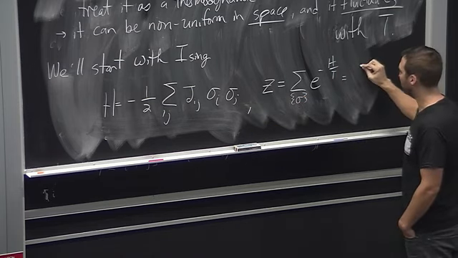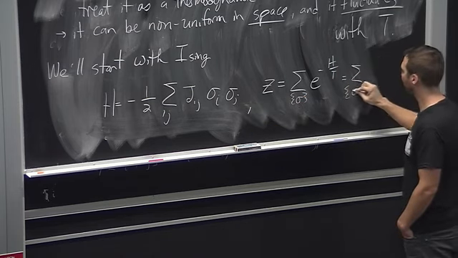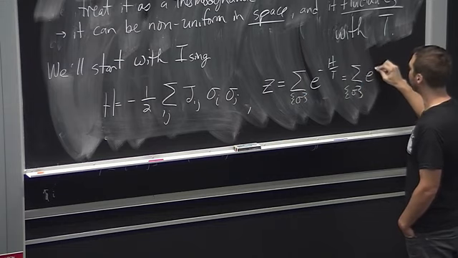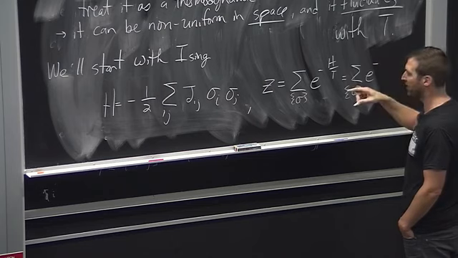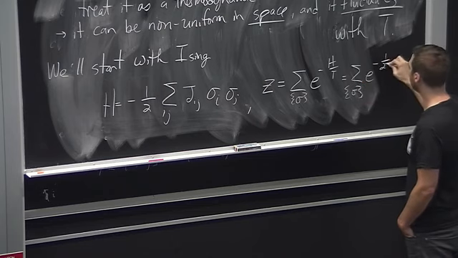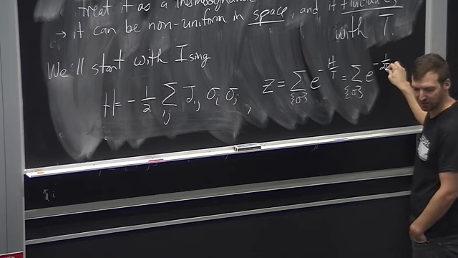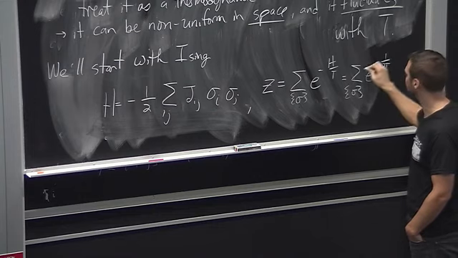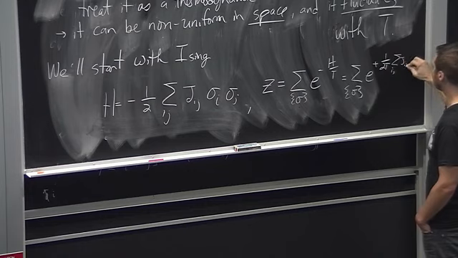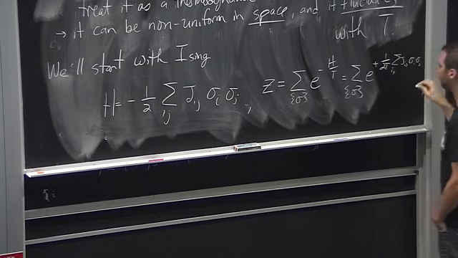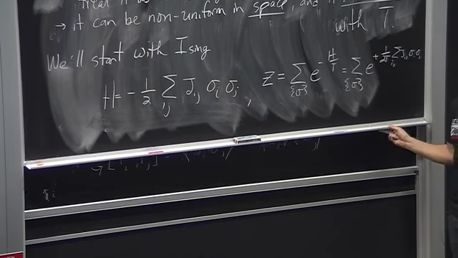So again, you have this difficult problem. E to the minus, 1 over 2T, I think it should be plus, minus minus is plus, sum over ij, Jij. That's a problem you can't solve. The infinitely complex trace.